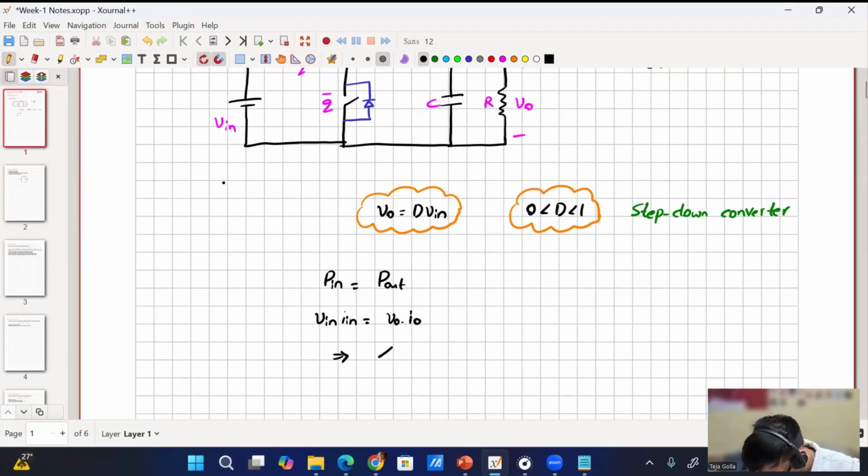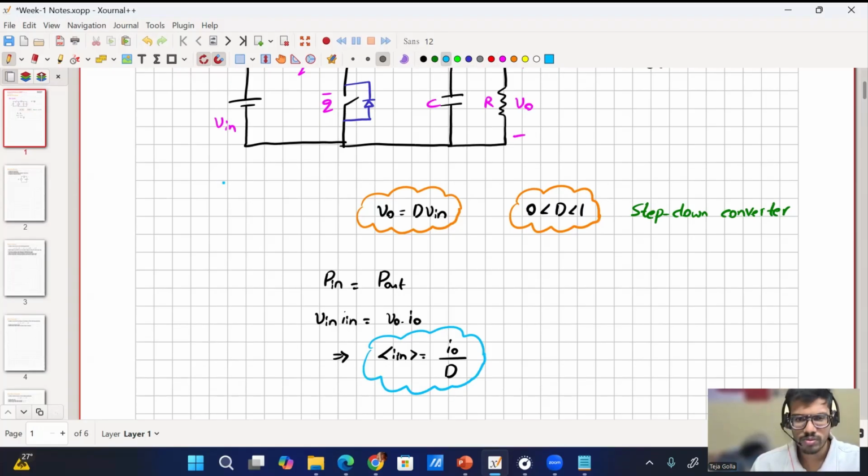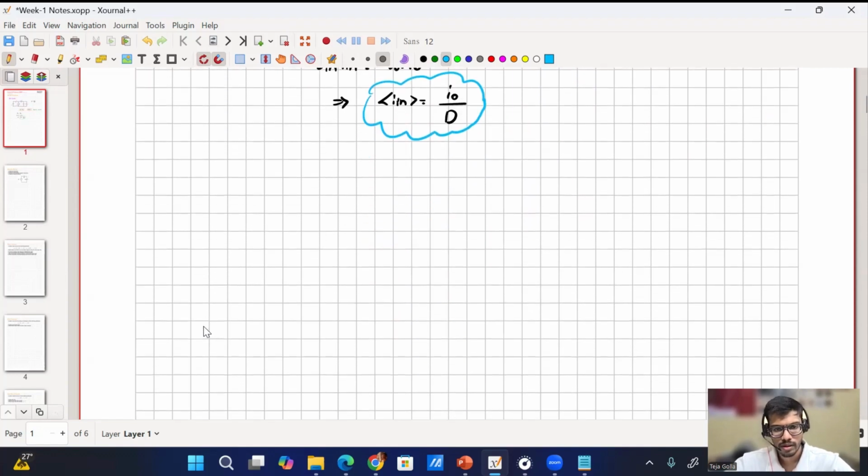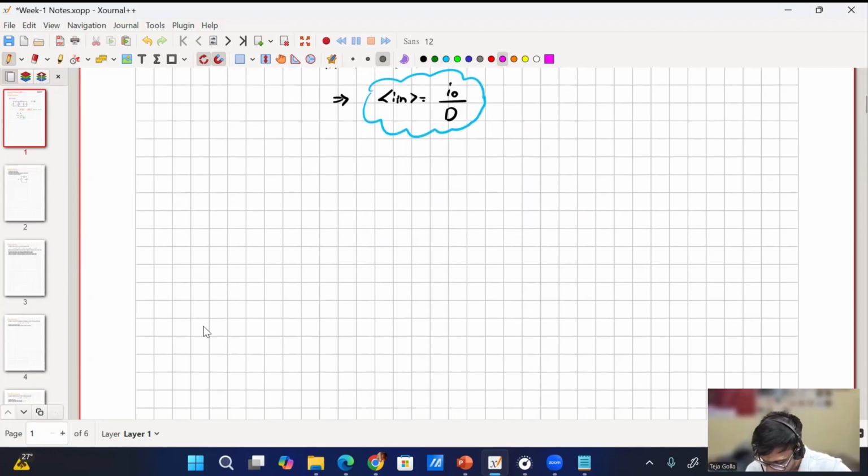If you consider the average input current, it will be I naught by D, by substituting the V naught expression. With this, we can say that the input current is lesser than the output current, so the power remains the same. If we are increasing the voltage, the current has to go down, of course. Now I'll not tell you the converter, I'll draw the circuit. You let me know which converter this is.